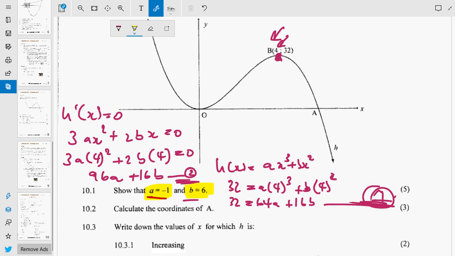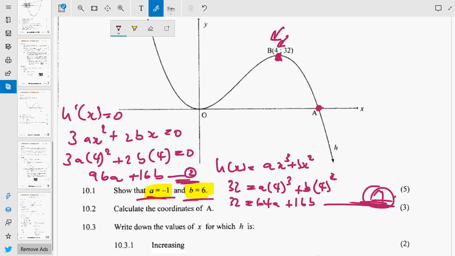The second part of the question asks us to calculate the coordinate of A. Now, if you look at A, it is the x-intercept. Remember, at the x-intercept, y is equal to 0. So what does this mean?